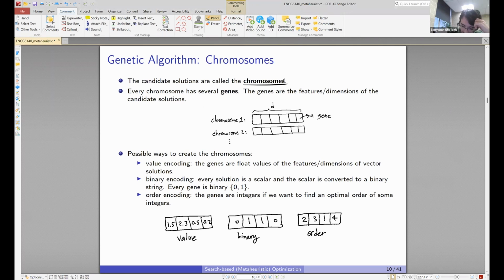Every chromosome has several genes, and I think it's obvious: when you have a d-dimensional vector as a chromosome or candidate solution, these genes are showing the features or the dimensions of the candidate solutions. By the way, in metaheuristic optimization, these candidate solutions do some kind of local search, and they also interact with each other.